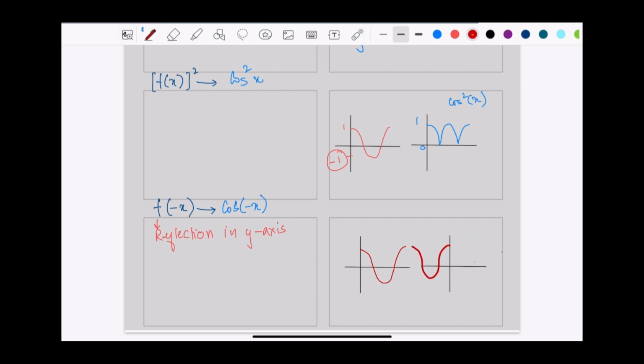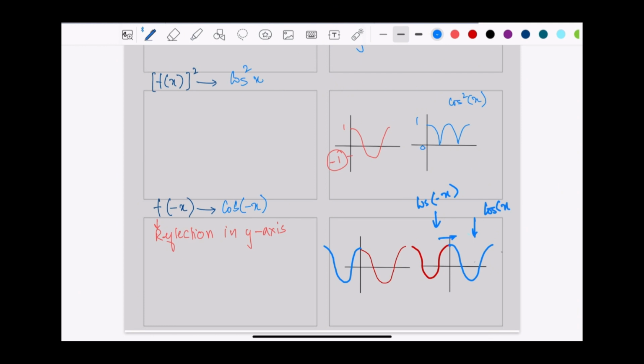If I draw the original curve with this blue ink, as you can see, the blue curve here, which I'm mentally drawing as cos x, and this one as cos of negative x, if you see both of them, after the 0 point this continues and looks the same as the other one, because if I extend the cos x graph, it looks like this in the negative region.